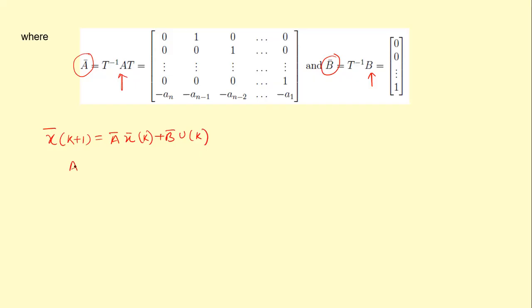And this pair A bar and B bar is a controllable pair.